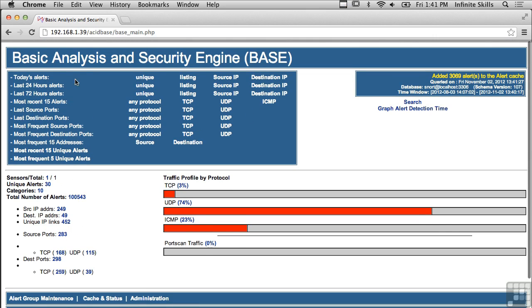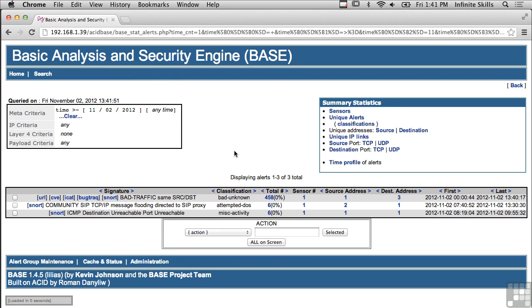You can see here's a listing for today's alerts, and let's see what we have. We have a bad traffic with the same source and destination, and there's also an ICMP destination unreachable, port unreachable. So these are not necessarily anything to worry about.